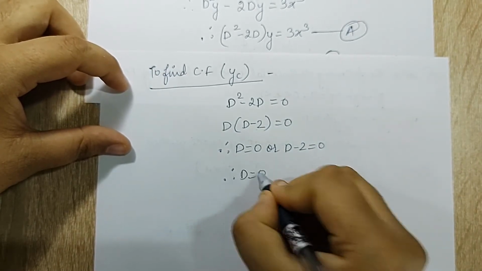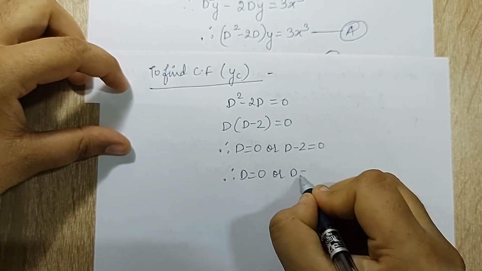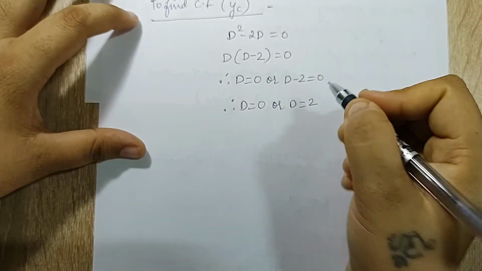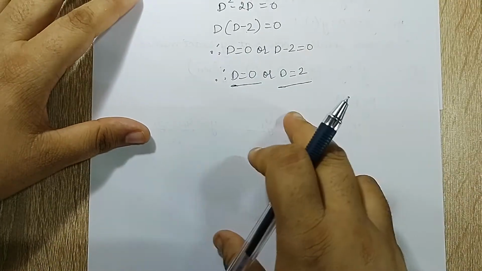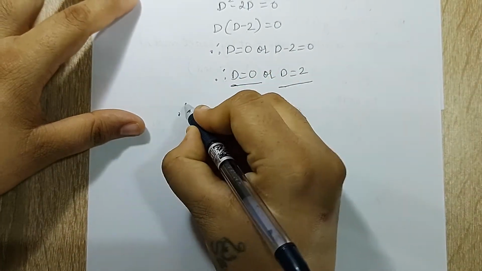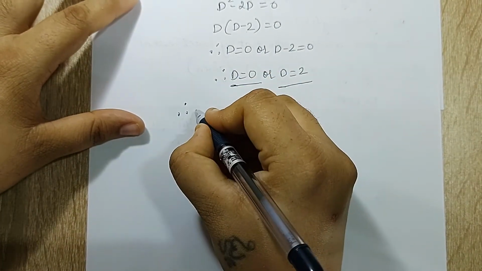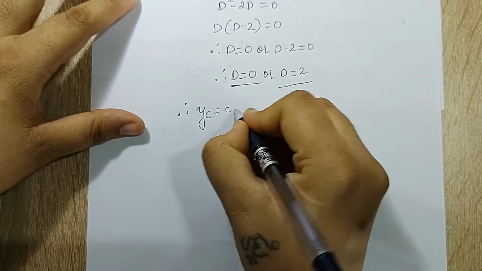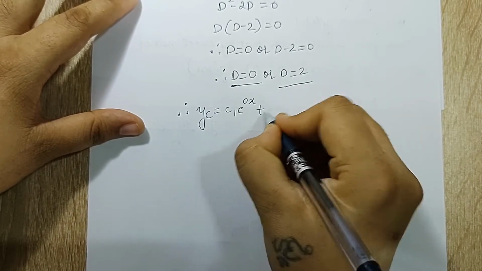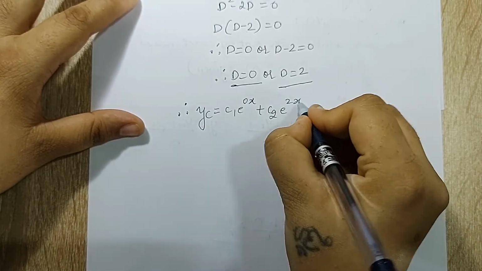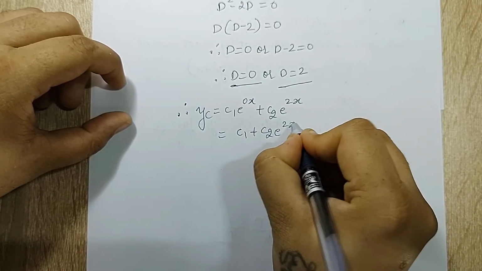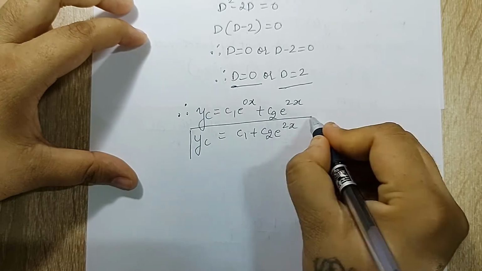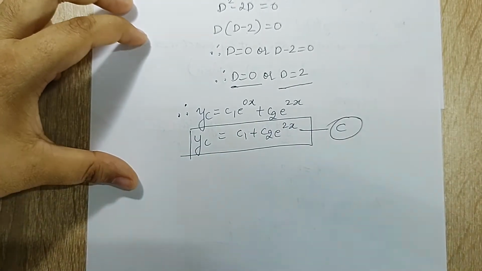Therefore, I get D equal to 0 or D is equal to 2. So these are the two roots of the equation, 0 and 2. They are real, unequal. So therefore, I can say yc is equal to c1 e raised to 0x plus c2 e raised to 2x. So this becomes c1 plus c2 e raised to 2x. This is yc. I'll mark this as equation C.